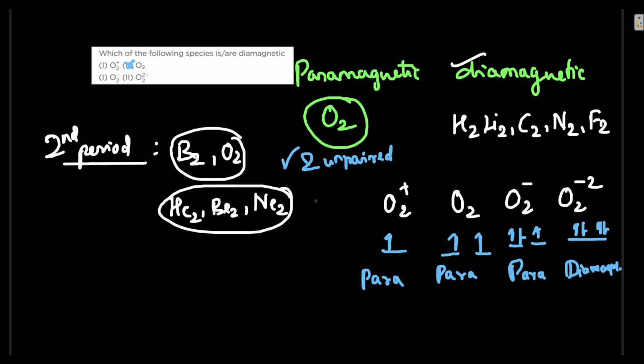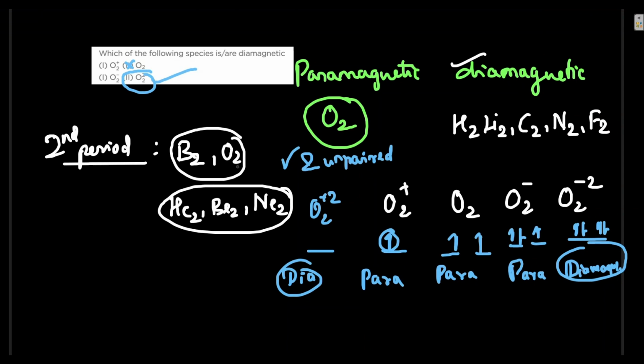If you think of O2 2 plus, you have removed this electron also, then there is no unpaired electron. You can say O2 2 plus is also diamagnetic. So the option is O2 2 minus, which is the diamagnetic one out of these.